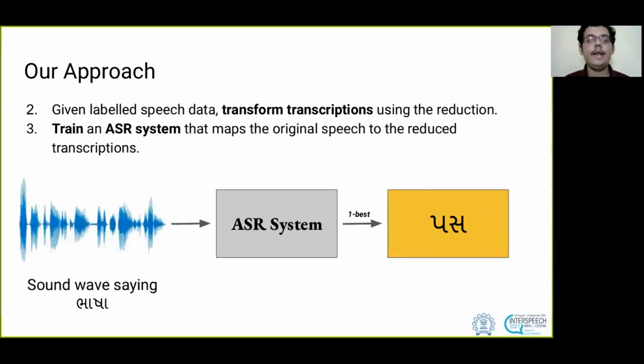Then, given labeled speech data, we transform transcriptions using this reduction. And then we train an ASR system to map the original speech to these reduced transcriptions. So, for example, a sound wave saying bhasha would be mapped by the speech recognition system to the sequence persa.